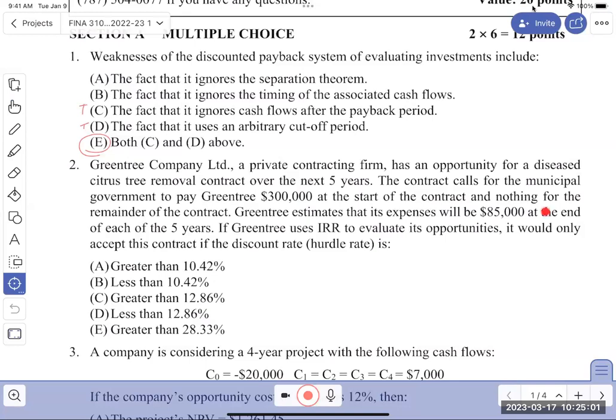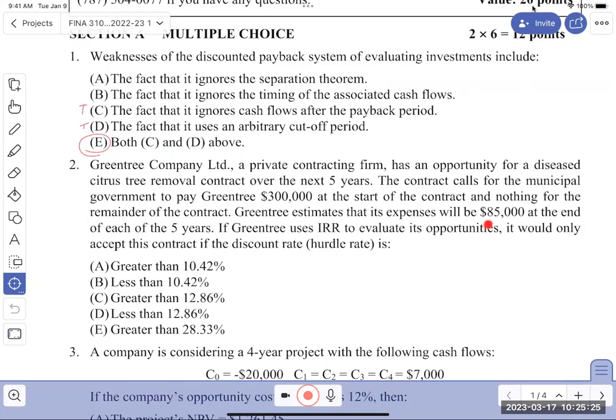Yeah, all the expenses are the same. Well, what about the issue here? So this company is determining whether they're going to go for this contract. They're going to be given $300,000, and then their expenses of conducting, or what's the word I'm looking for?